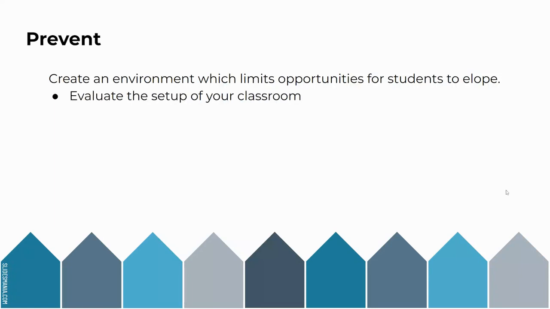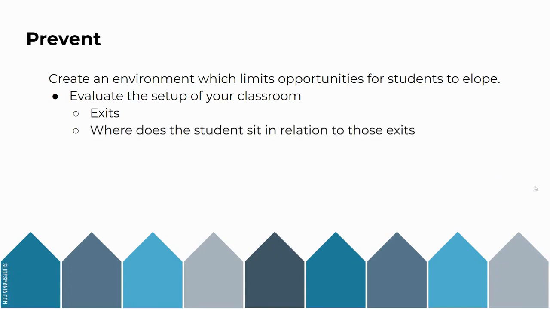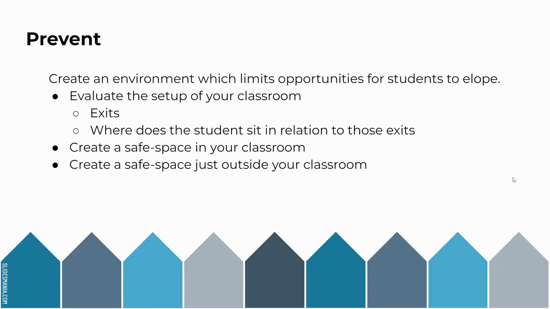Some strategies are: evaluate the setup of your classroom. Where are the exits? Where does the student sit in relation to those exits? Then, create a safe space in your classroom and create a safe space just outside of your classroom. Create a movement plan for your students as well.